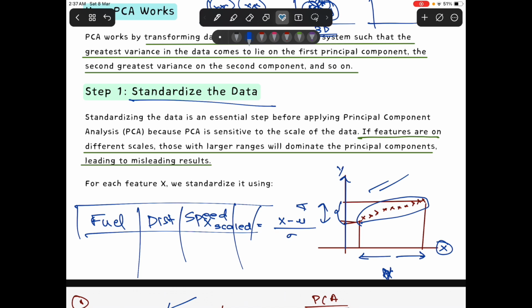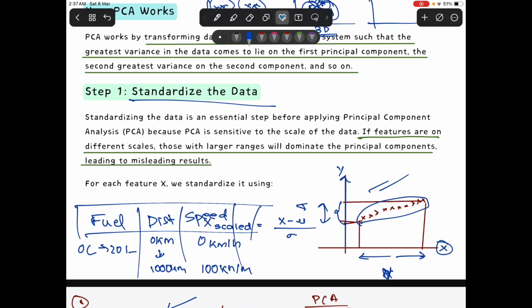Fuel will range between 0 liters to, let's take, 20 liters. Distance will be 0 kilometers to 1000 kilometers. Speed will be from 0 kilometers per hour to, let's take, 100 kilometers per hour.